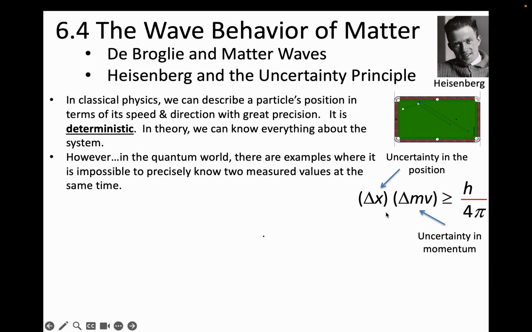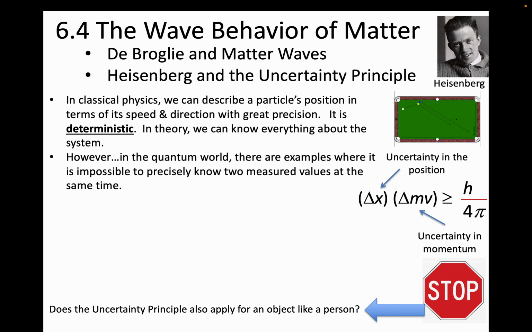What we see here within the expression, this is another one that we want to think about conceptually, but we're not going to do the math with. The greater the uncertainty we have in one of the terms, the smaller that we can have in the other. Their product is over a particular threshold value, however. So this is what it means to say that we can measure both the position and the momentum. But the more precisely we measure one, the greater the uncertainty in the other.